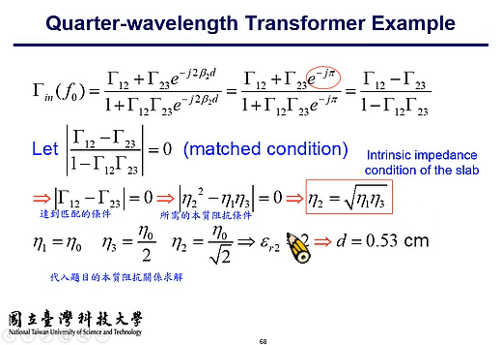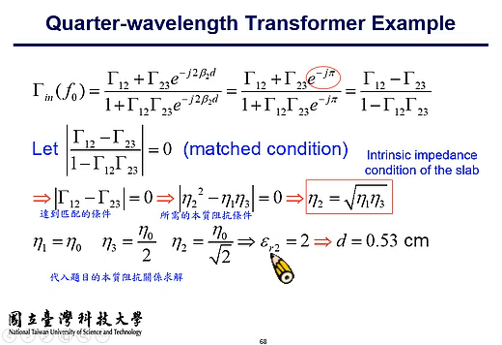Supposing that median 1 is free space, so eta 1 equals eta 0. Eta 3 has a relative permittivity of 4, so the intrinsic impedance eta 3 is half of the intrinsic impedance of free space. Then you can solve for eta 2 as eta 0 over square root of 2.